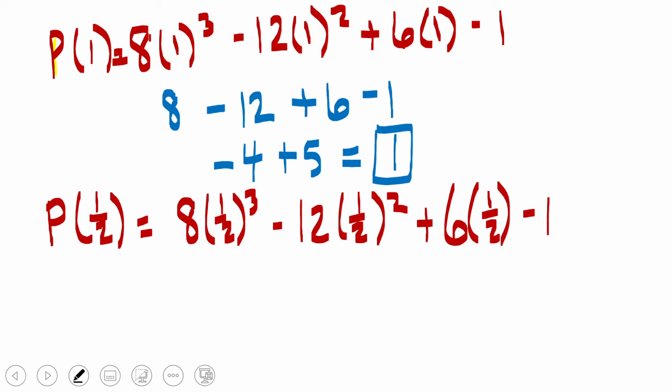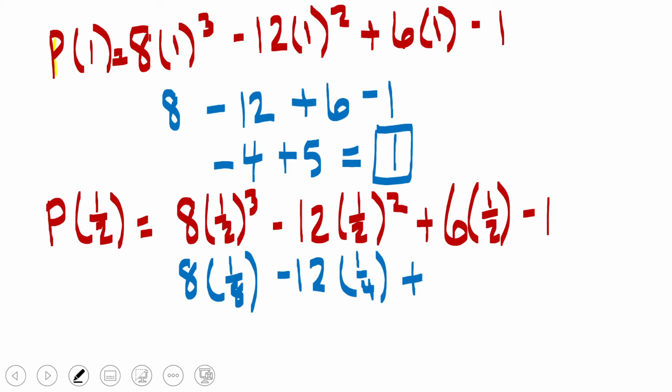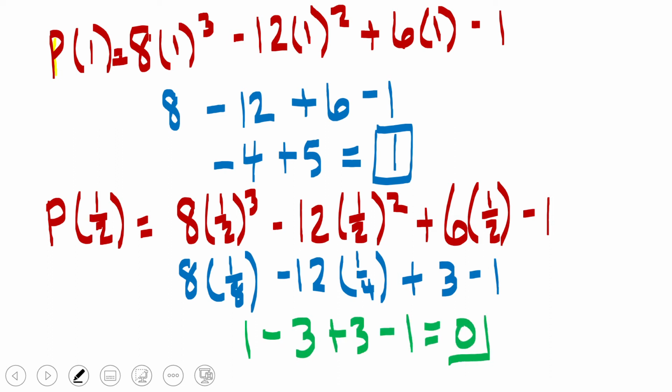Let's solve. 1/2 cubed would be 1 over 8, minus 12 times 1/2 squared would be 1 over 4, plus 6 over 2 is 3, minus 1. Solving and simplifying further, we have 8 over 8 is 1, minus 12 over 4 is 3, plus 3, minus 1. That equals 0. We found a 0 for our polynomial at positive 1/2.